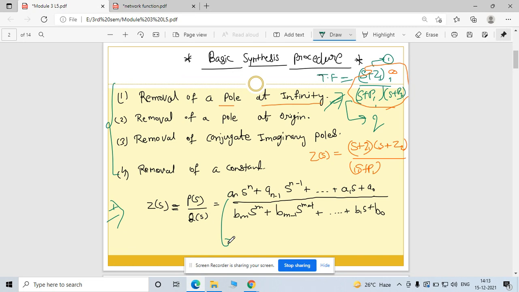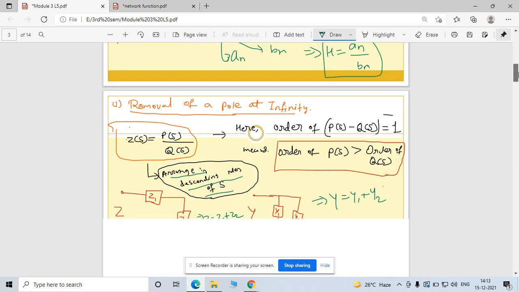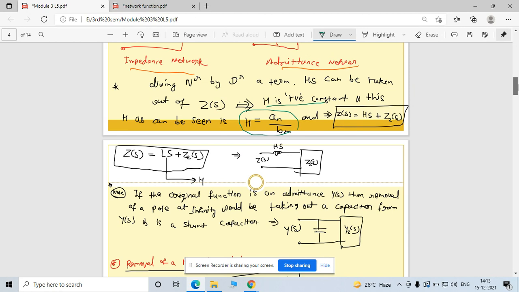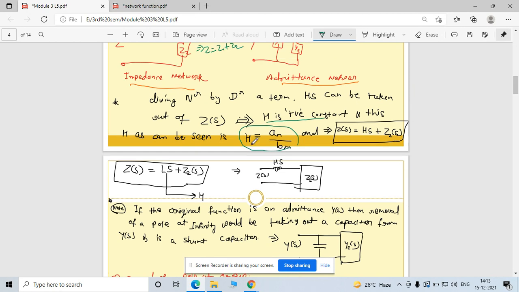So you can take out an from the numerator and bm from the denominator, and this constant is represented with h, which is nothing but your an by bm, right? So same here, this h is represented by an divided by bn.